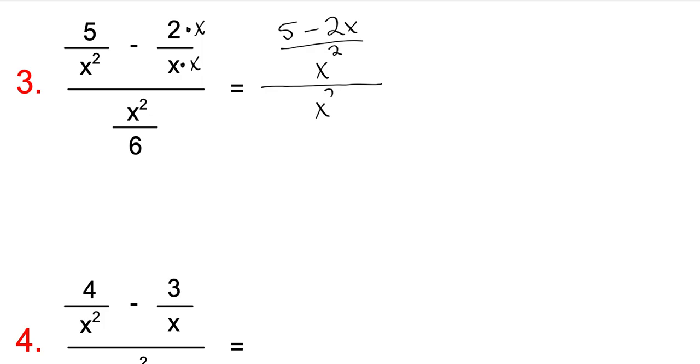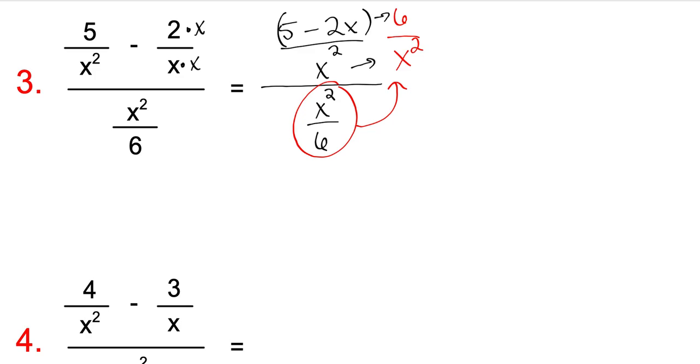My bottom fraction is still x squared over 6, and now we have a single fraction in the top, single fraction in the bottom. Now we're ready to flip. So take this, move it up, flip it, and look to cancel things if we can, okay? So if we look this way, can't cancel anything. Look this way, cannot cancel anything. So it looks like we're just going to be multiplying straight across.